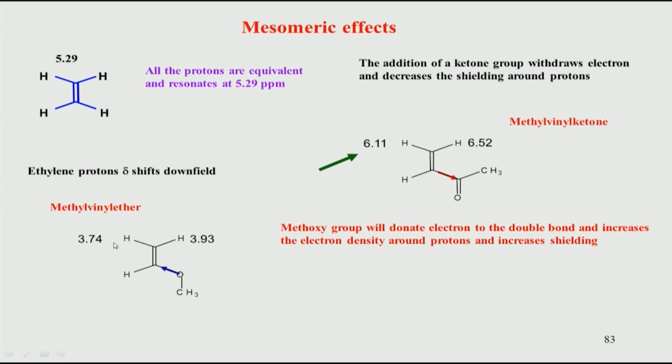So between these two systems, we can now explain why these two hydrogens come upfield because of the electron donating nature of the methoxy group, and in this case the value is downfield shifted. Here 6.11 is a higher ppm value, so it is downfield shifted, and that is primarily because of the electron withdrawing effect of this ketone group.